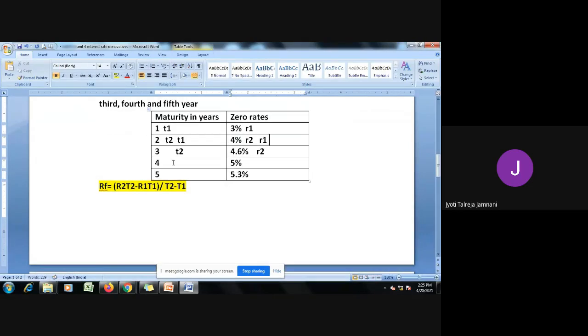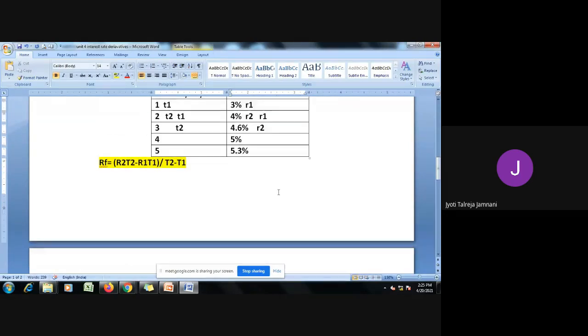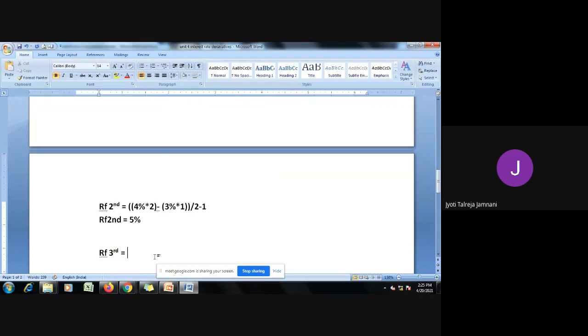So now I have to do 4.6 into 3. 4.6% is the rate of the third year into the third year, minus the second year rate, 4%, into 2 years because it's the second year.